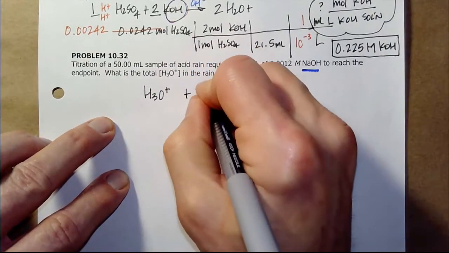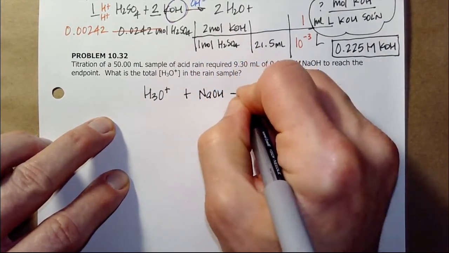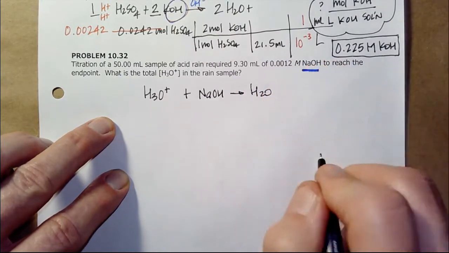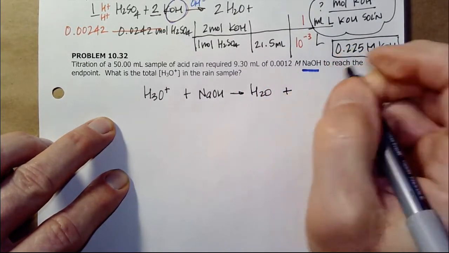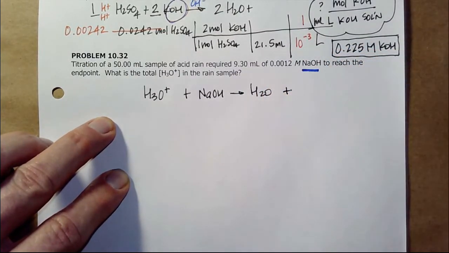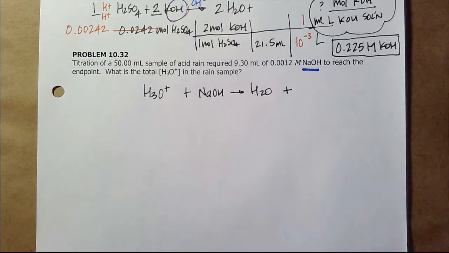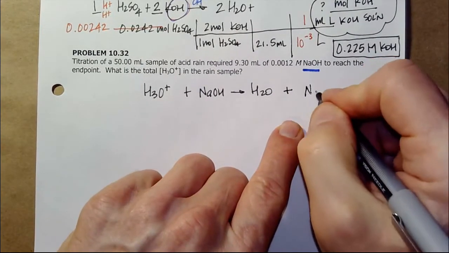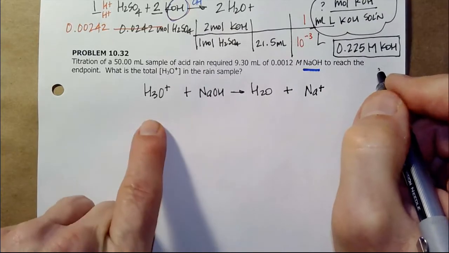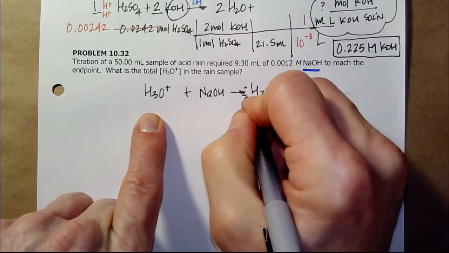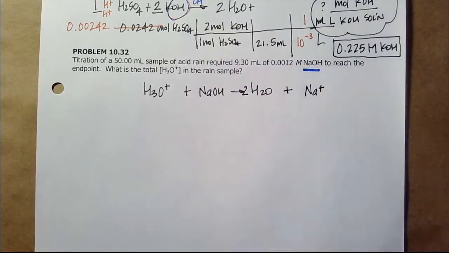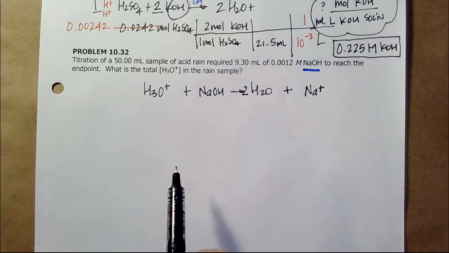Plus NaOH gives me water and the leftover sodium ion. We've got 2 of those. Everything else is 1 to 1 to 1. But the ratio of the acid to the base is 1 to 1.